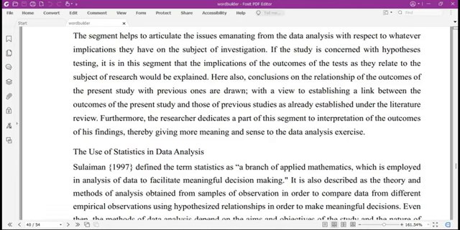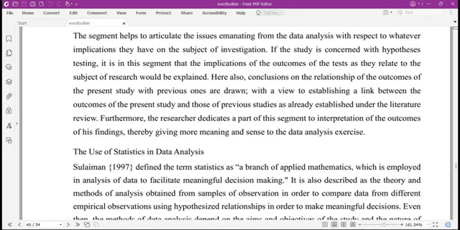Sulaiman in 1997 defined the term statistics as a branch of applied mathematics which is employed in analysis of data to facilitate meaningful decision making. So it helps you in your decision making.